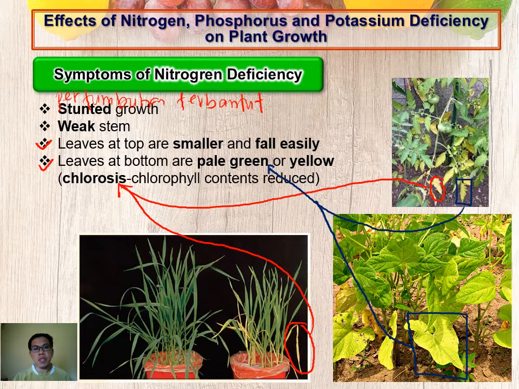As I said just now, the easiest way to determine the lack of particular nutrients in particular plant is by monitoring the color of the leaf. Cara yang paling mudah untuk kita mengetahui simptom-simptom kekurangan nutrient, whether the plant lack of nitrogen or phosphorus or potassium, is by monitoring, dengan melihat dia punya warna daun itu.